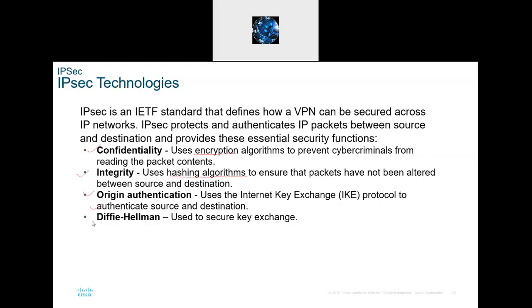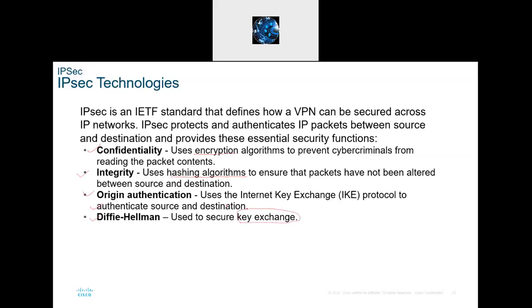So now, another thing we gain with our IPsec is Diffie-Hellman. What is that? That's another form of algorithm. Actually, it's used to secure key exchange. It's an algorithm to secure key exchange.